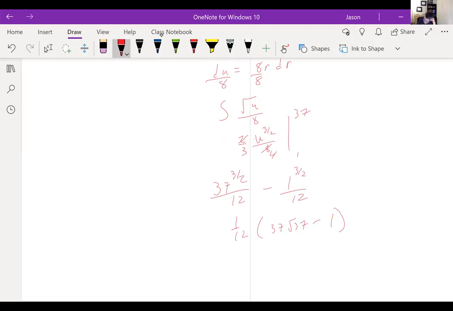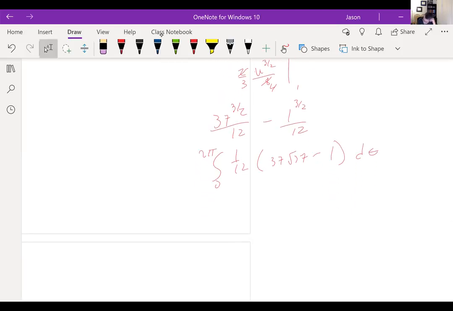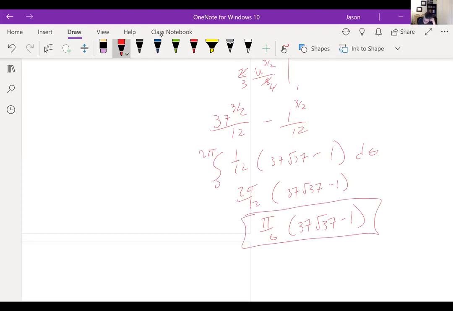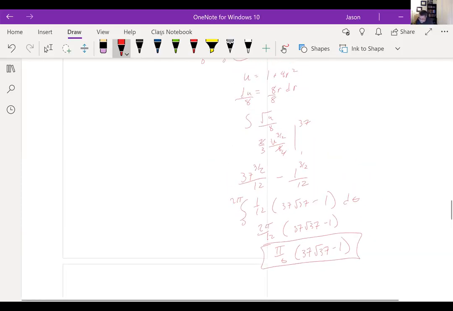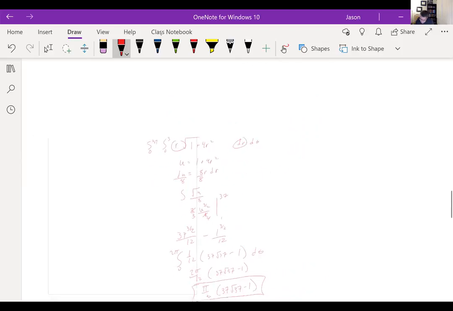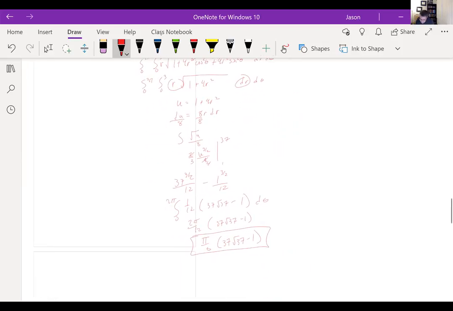Then we integrate that from 0 to 2 pi with respect to d theta. This has no thetas at all, so it's just 2 pi over 12 times 37 radical 37 minus 1, which is pi over 6 times 37 radical 37 minus 1. That's it. That was the surface area for that elliptic paraboloid.